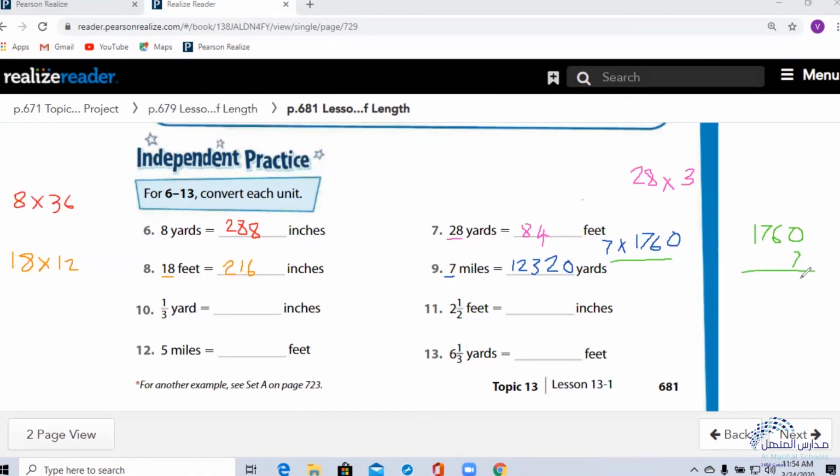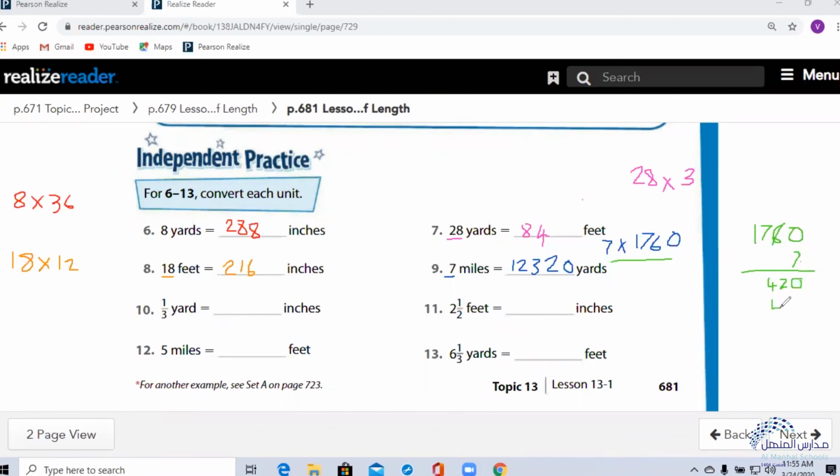So 0 times 7 is 0. 7 times 6 is 42. I'm done with the 6. 7 times 7 is 49.